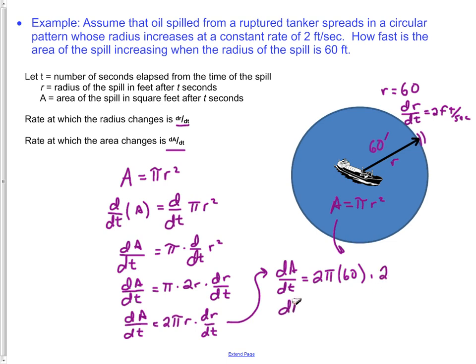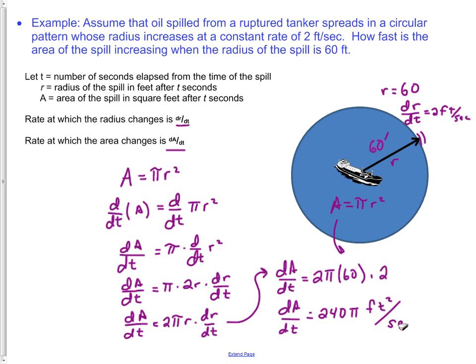And so in this case, our rate of change in area is going to be in square feet per second, and we're going to find 2 times 60, which is 120, times 2 again, that's 240, times pi, in square feet per second.